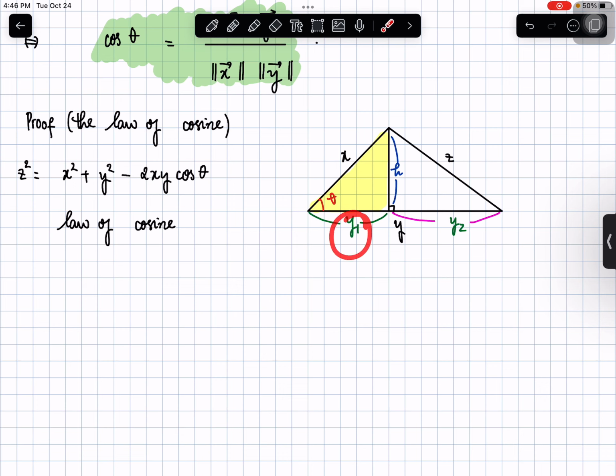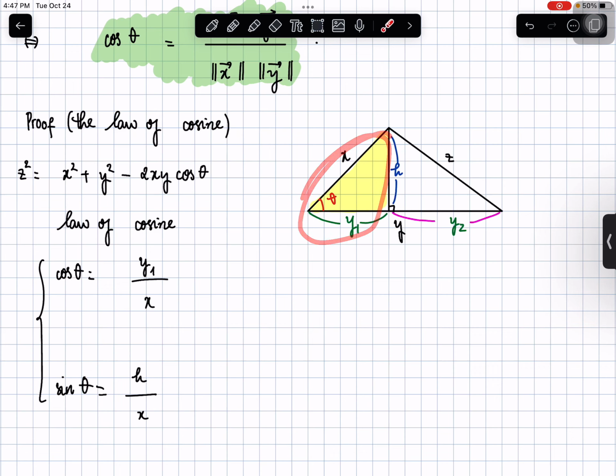We compute this first, and then we find the relation between x, y, z, and theta, right? Let's compute cosine of theta. What is it? It is y1 over x, right? Let's compute also sine of theta. What is this then? s over x. Both these equalities come from the triangle, right?